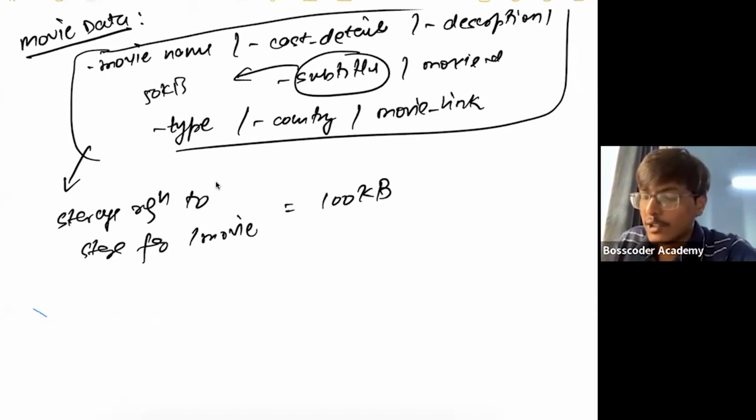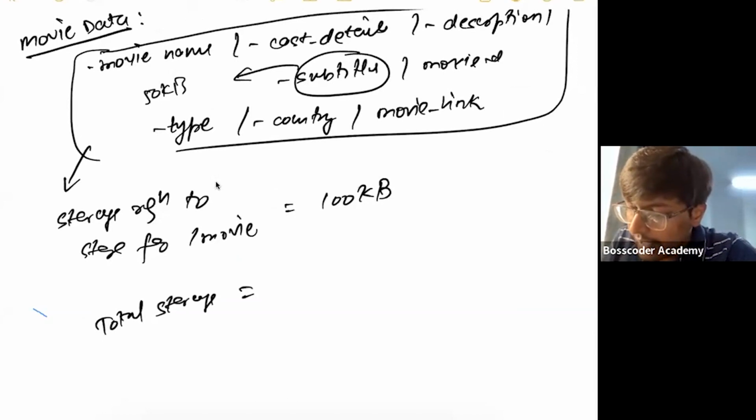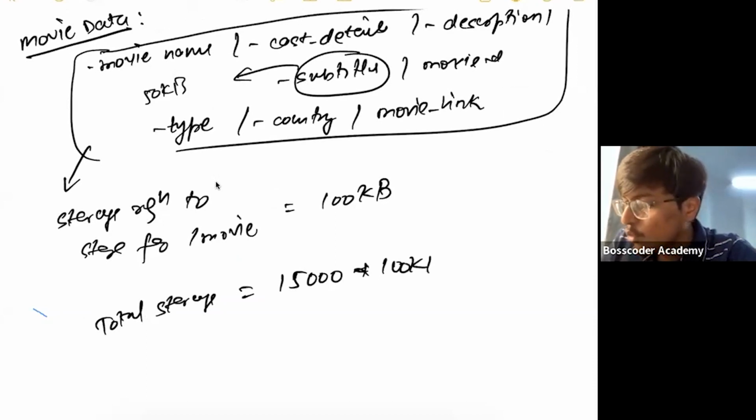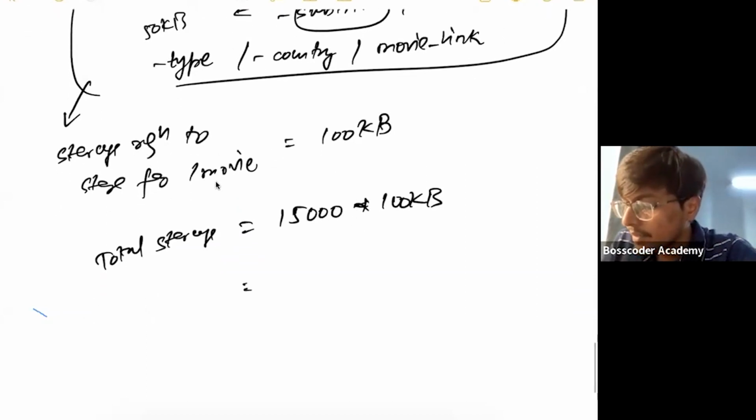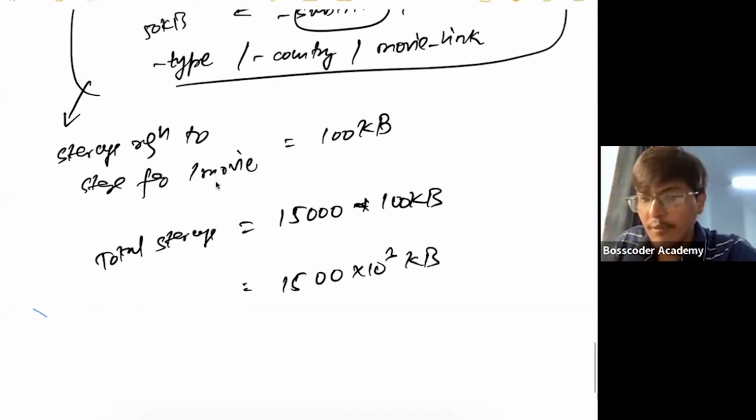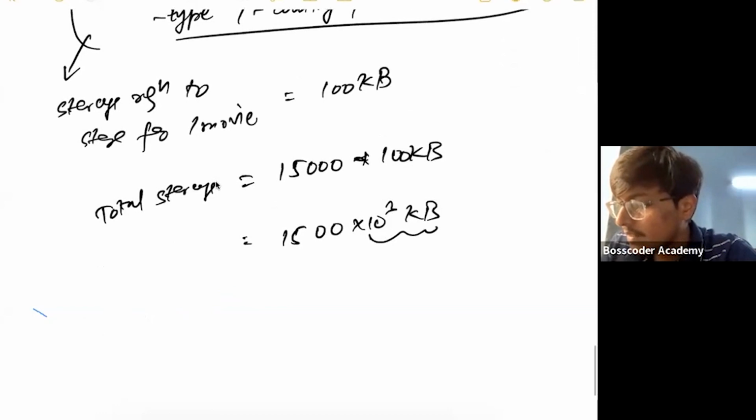So how much total storage is required? There are 15,000 movies, and for each movie they are storing around 100 KB, which will be 1500 into 10 raised to the power 3 KB. What is 1000 KB? 1000 KB is 1 MB. So it will be 1.5 GB of data.